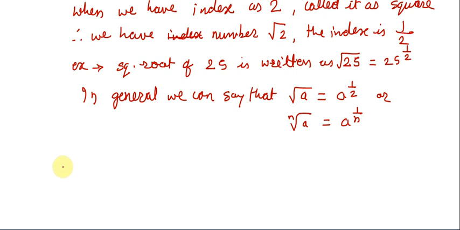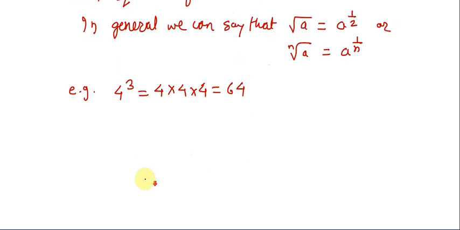Now suppose, for example, 4 raised to power 3 is written as 4 into 4 into 4. That means 4 4s are 16, 16 4s are 64.